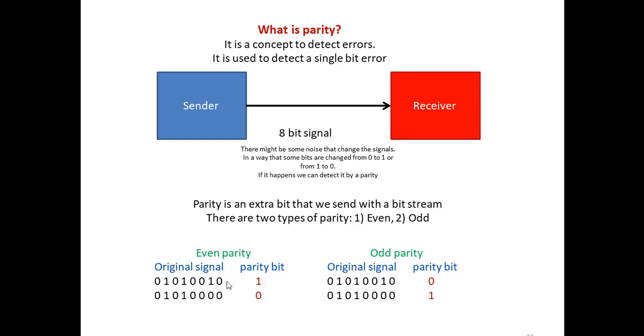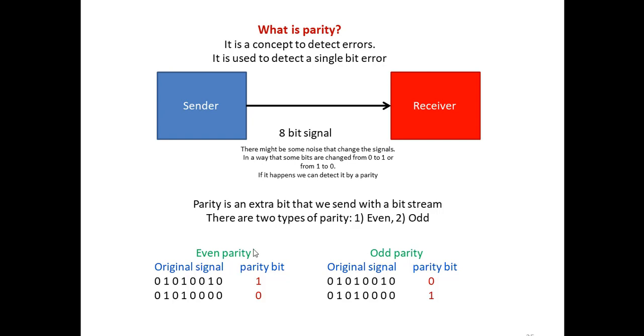Here our original signal has 3 ones, and parity is associated with the 1s. It basically counts the number of bits that are 1. So here our original signal has 3 ones.